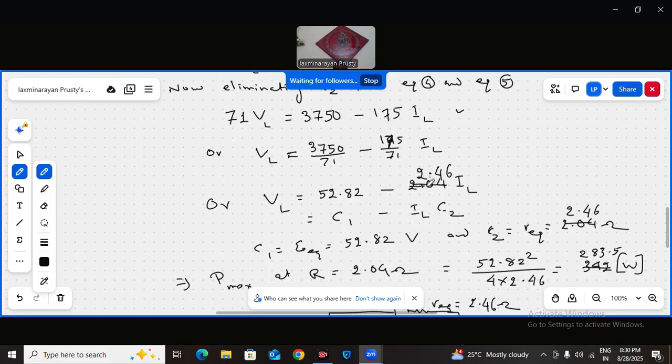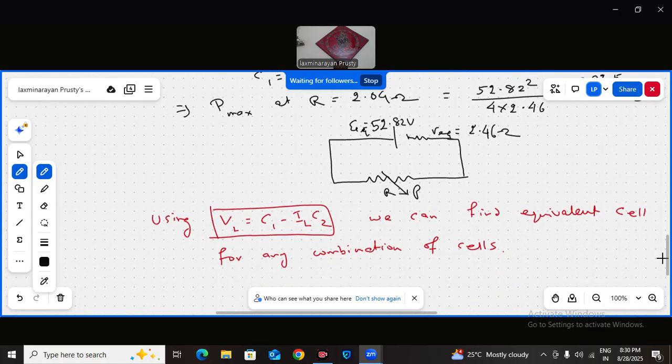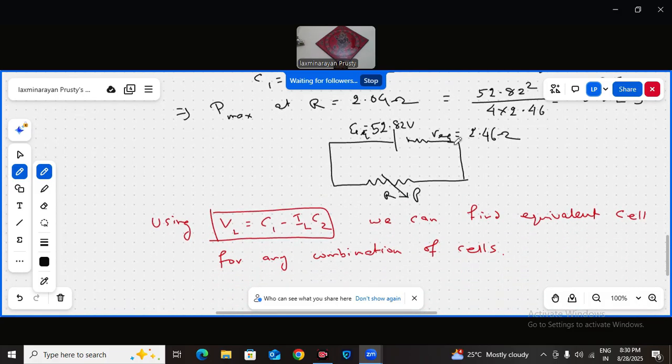I earlier made it 2.04, but it is 2.46. So 2.46 is your R equivalent, and 52.82 is your E equivalent. The whole five cells have become a single cell of 52.82 volt with R equal to 2.46 ohm. That's it. Otherwise, it would be very, very difficult for you. Am I clear?